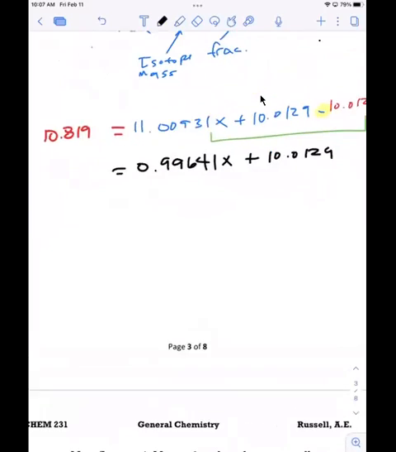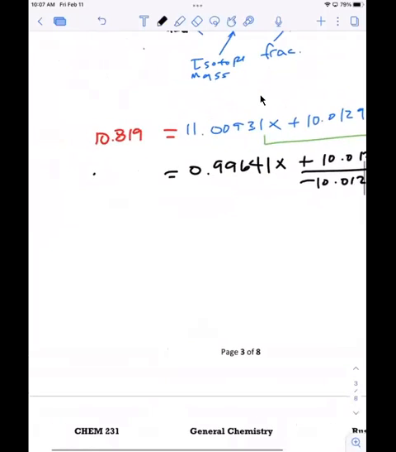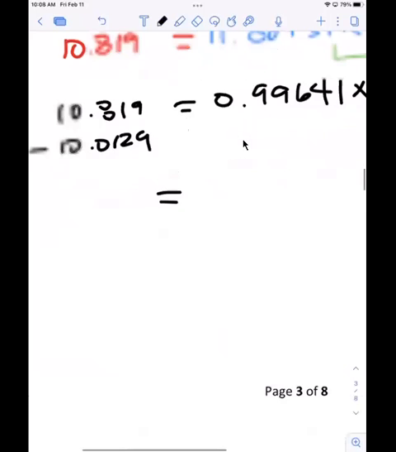Now we just need to get the x term by itself, so we subtract that from both sides. What is that number going to be? The 10.819 minus 10.0129. What do we get from that? 0.8061. Good.